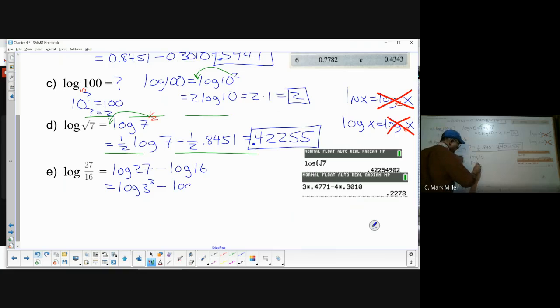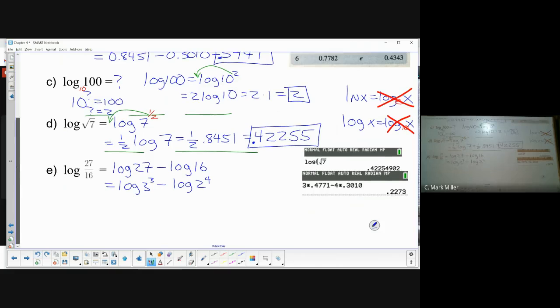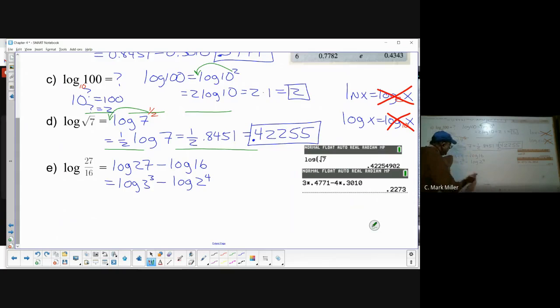That would be true, but log 2 to the 4. Now these exponents can come down front. So that's going to be 3 log 3 minus 4 log 2.